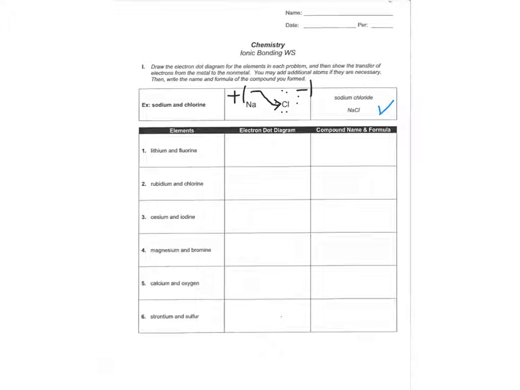Number 1, lithium and fluorine. So from the periodic table, find lithium, that it's in the first column, so it has 1 valence electron. And then fluorine is in the 7th tall column to have 7 valence electrons.